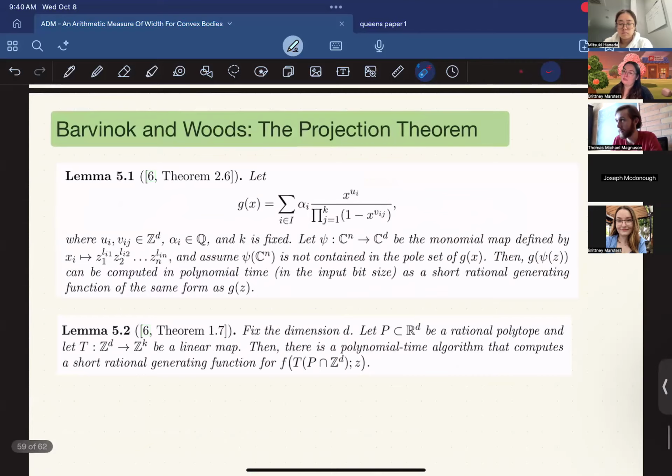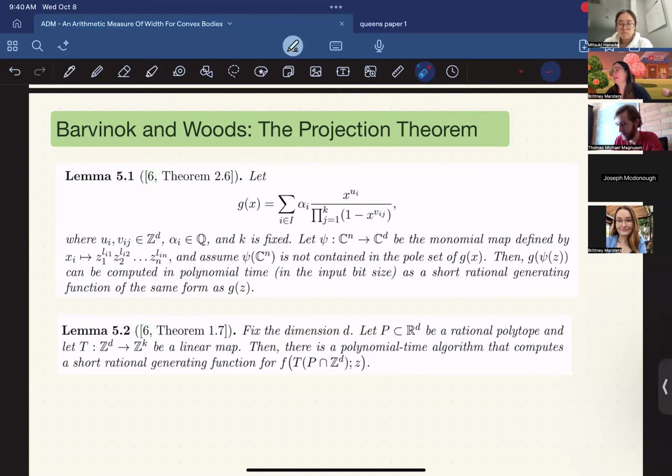Well, there's a nice little part 2 of this theorem, which, again, is a paragraph, but what I'm going to basically say is that there is a polynomial time algorithm to give us a very similar expression to the one attained in Barvinok's algorithm for a projection of the lattice points in a polytope.